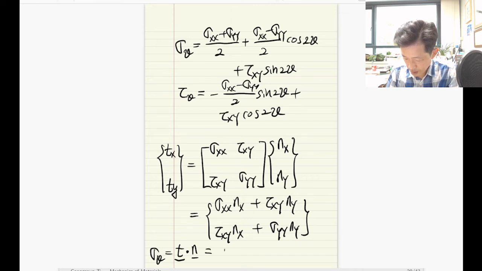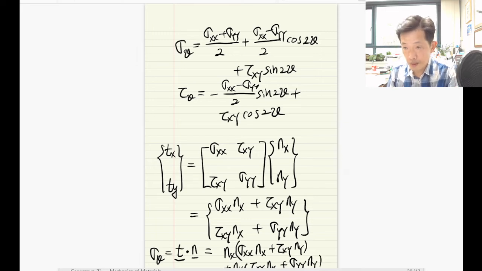Then nx times sigma xx nx plus tau xy ny, plus ny times tau xy nx plus sigma yy ny. So even without memorizing the stress transformation equation, we can calculate the normal stress component using the concept of the projection of the stress state in a certain direction. Then how do you calculate the shear stress component?